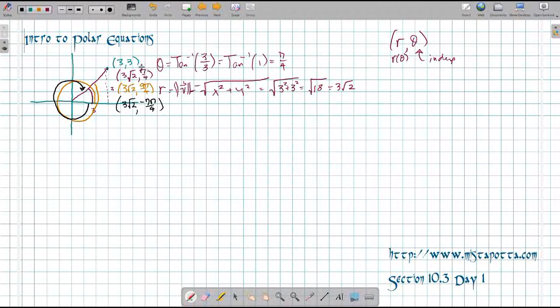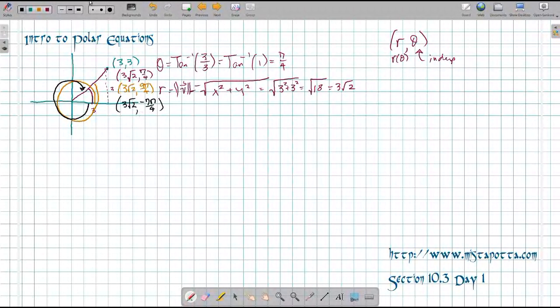All of these angles are coterminal with each other, and so all of these refer to the same point because of the periodicity of our sine and our cosine coordinates.